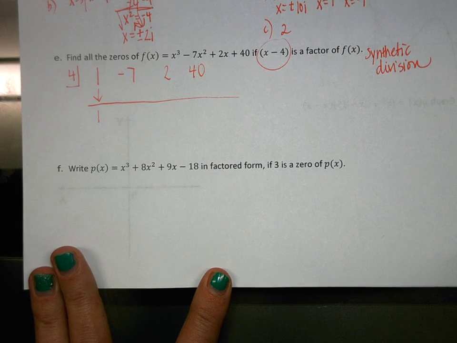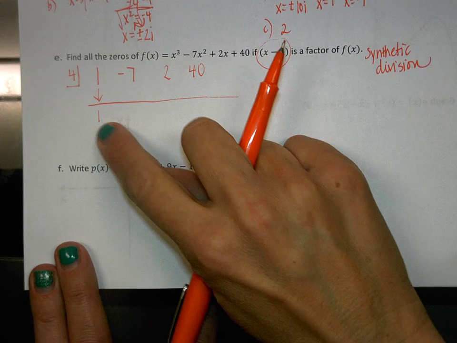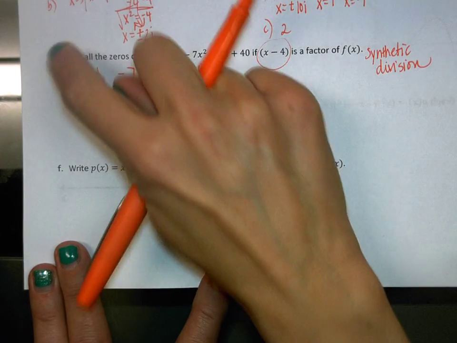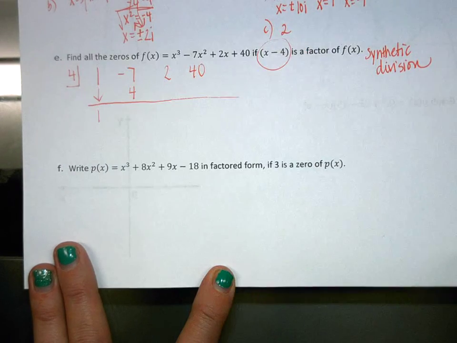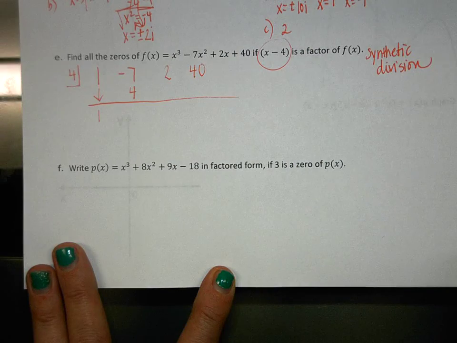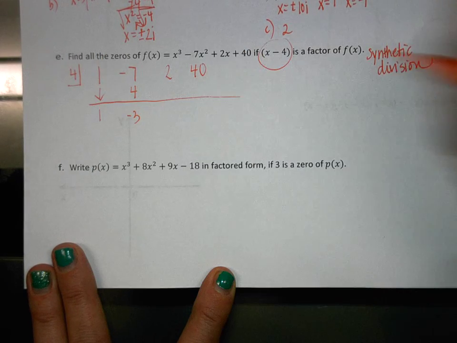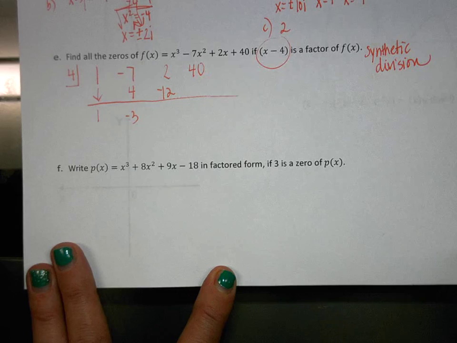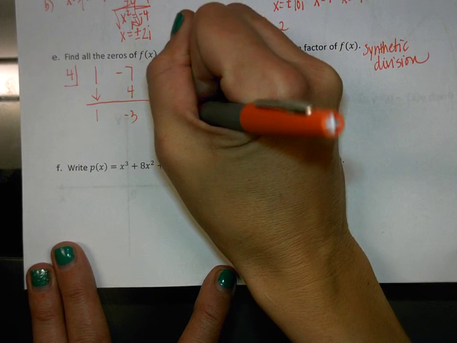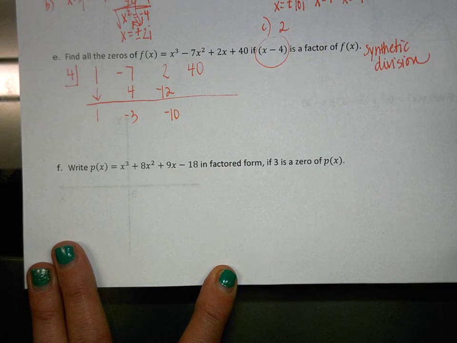Then you multiply by 4. So 1 times 4 makes 4. Negative 7 plus 4 makes negative 3. Negative 3 times 4 is negative 12, plus 2 makes negative 10. And negative 10 times 4 makes negative 40.